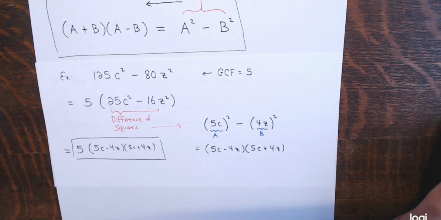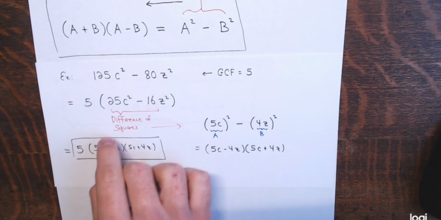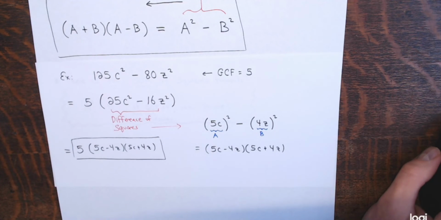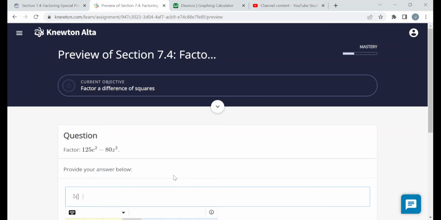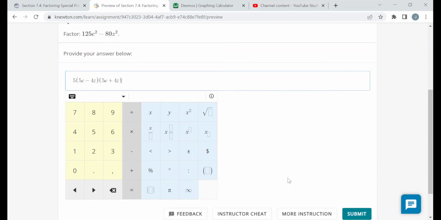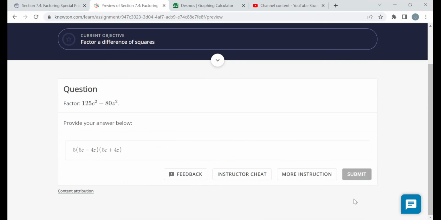That's what I'm going to type in. And again, you can check by multiplying. See that you get the original expression back, and you should. So 5 was the GCF, and then the difference of squares factored to 5c minus 4z times 5c plus 4z. That should be good. Great.